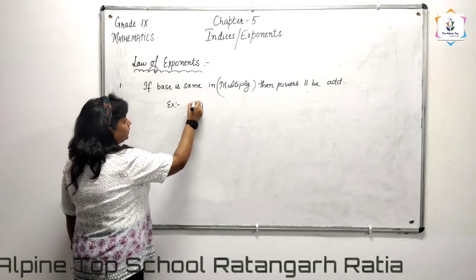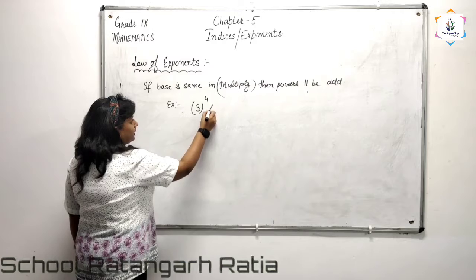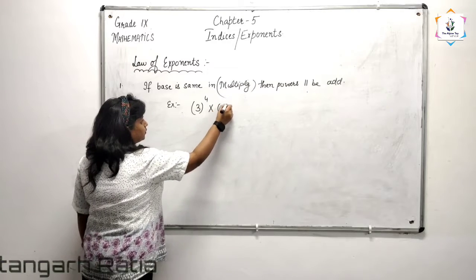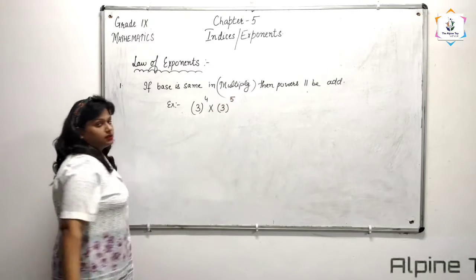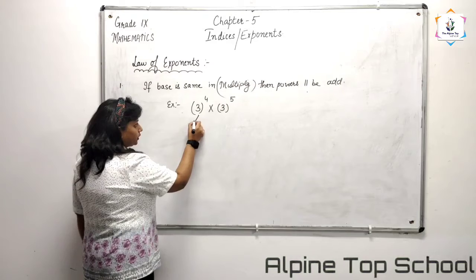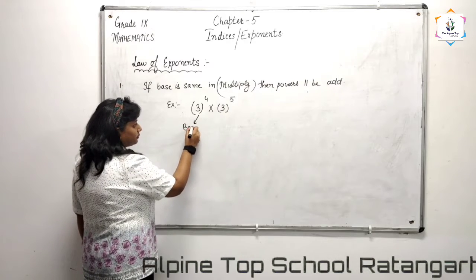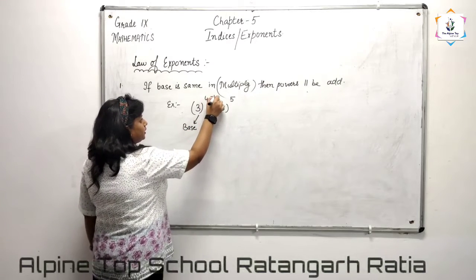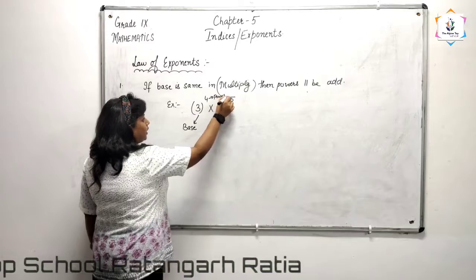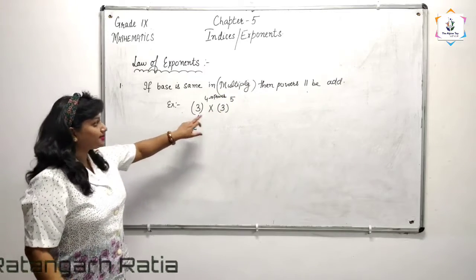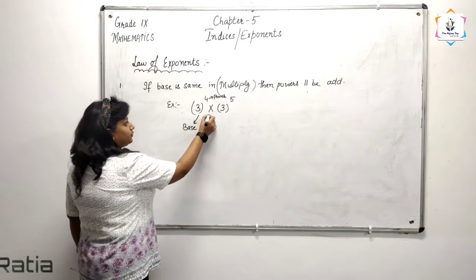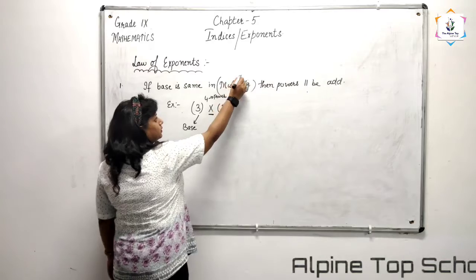Suppose 3 raised to power 4 multiply 3 raised to power 5. Now see, I have already told you this one is your base and this is your power. Now what are you looking at here? The base is the same. So which sign is given to you?